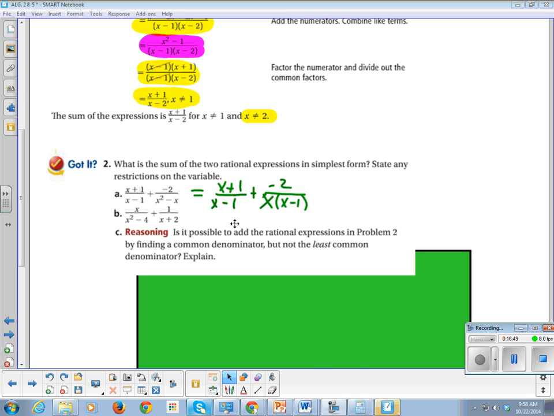So we are fair and equitable here. We're going to give this first equation an x over x, and then yay, we're safe.